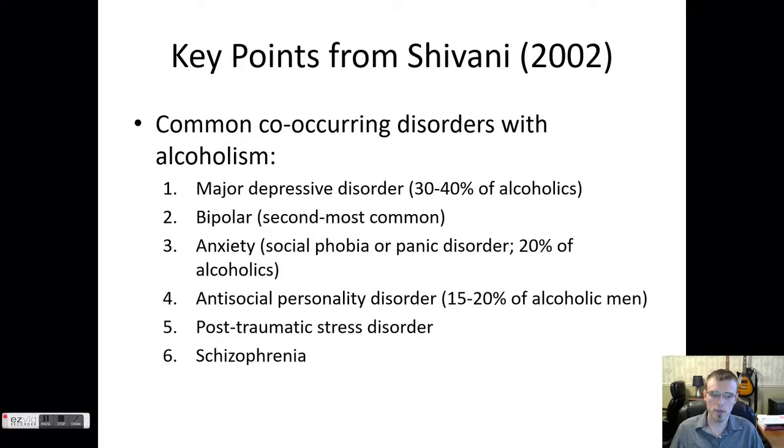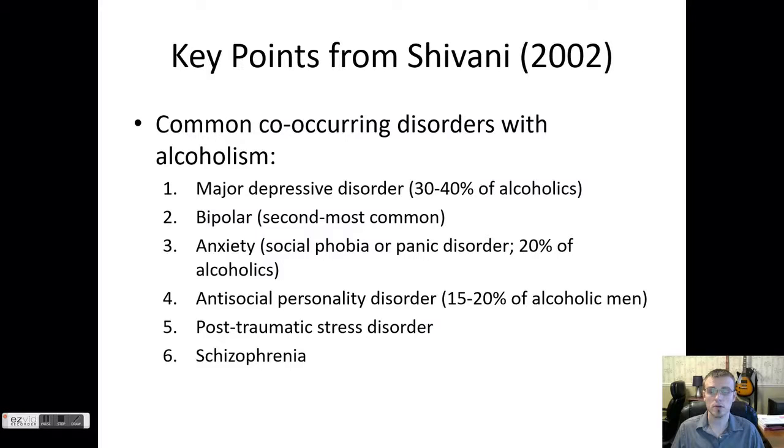PTSD, which I don't think was studied as deeply during this time as it is now, but we learned a lot more about PTSD and substance use disorder over the last decade or so. Most importantly to know is that PTSD is not as highly co-occurring with alcoholism itself, but much more so when it comes to more intense substance use disorders like amphetamine use disorders and opioid use disorders.